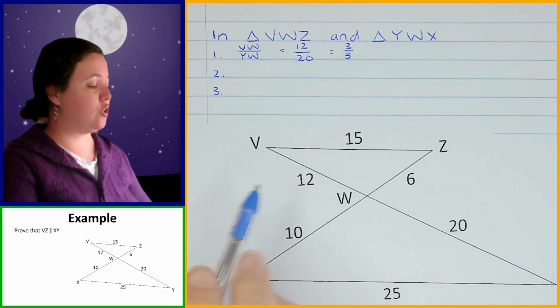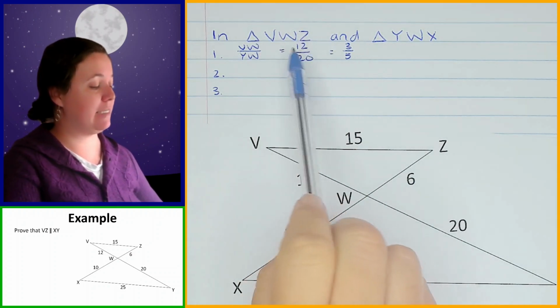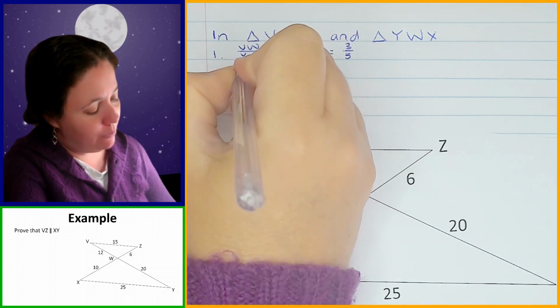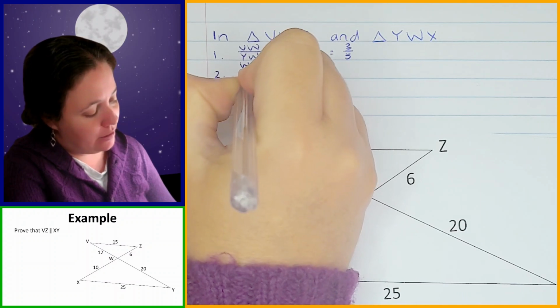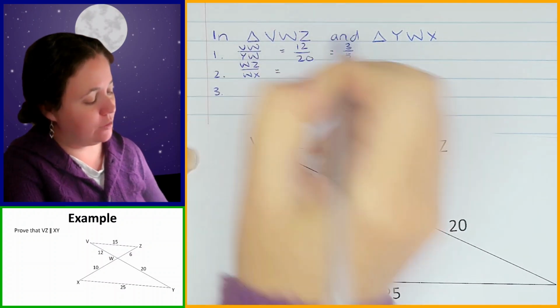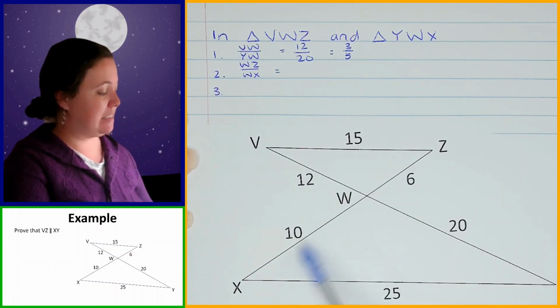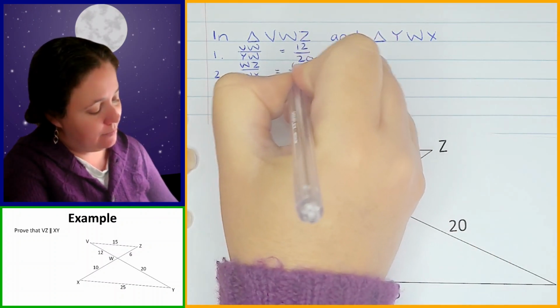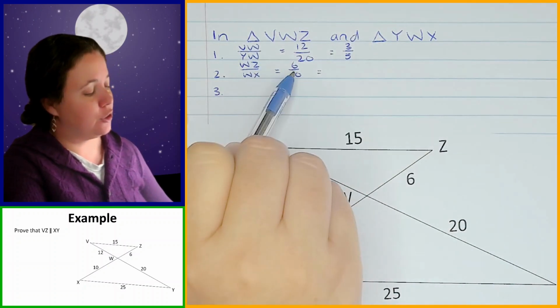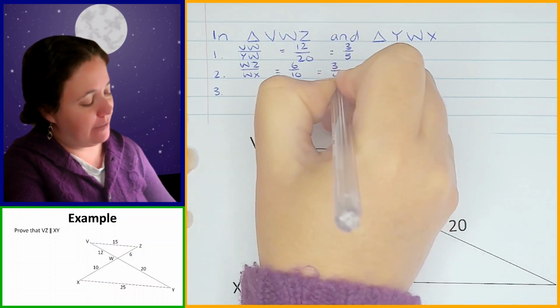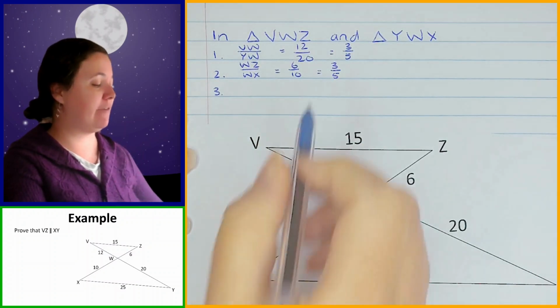Now we need to go and do the next pair of sides. So WZ and WX. So WZ over WX equals. WZ is 6, WX is 10. So I've got 6 over 10. 2 goes into 6 3 times, and 2 goes into 10 5 times. Right? Now I've simplified that.